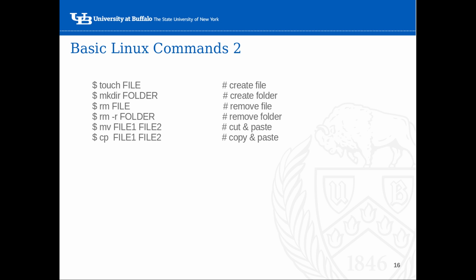And how to copy? cp copies file 1 to file 2. For move and copy, you can do them for a whole folder too. In that case, you need to add -r, which means the whole folder goes to the second folder. With this command, you can copy and paste the entire folder.